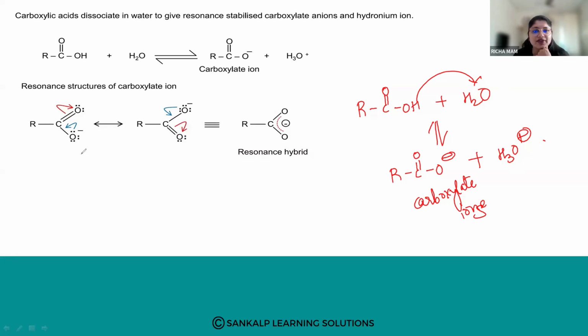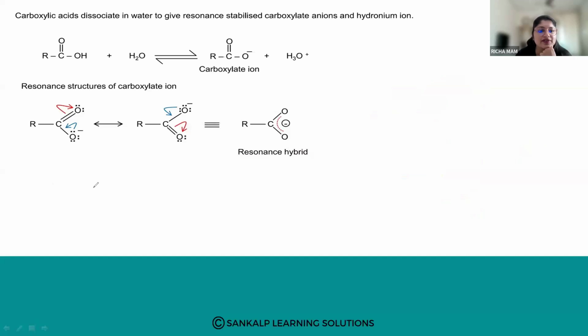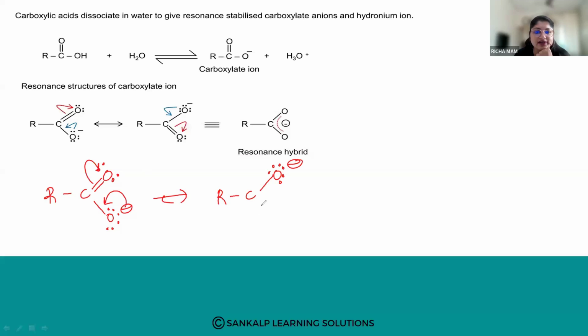What is the resonance structure? We have seen this resonance structure. If we write the resonance structure of the carboxylate ion, there is a negative sign here. This negative charge is stabilized: the double bond is shifted here and the negative charge is shifted here. So this is a resonance hybrid.